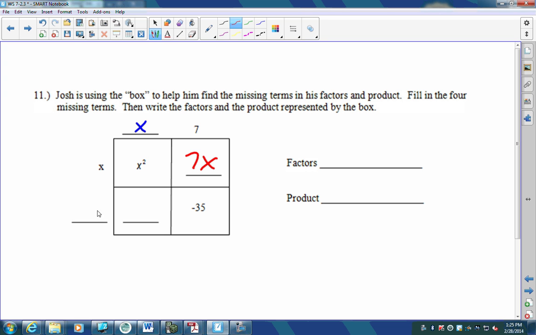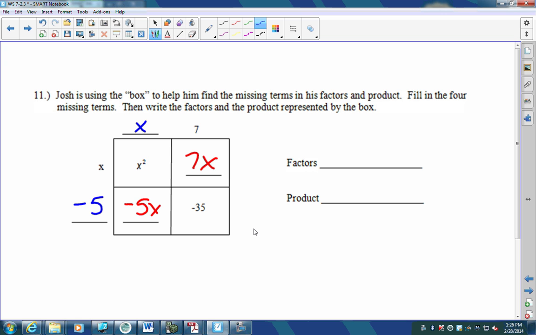I should be able to fill out this last one out here. 7 times what gives me negative 35? Yeah, 7 times negative 5 is negative 35. Now, fill in this middle part right here. X times negative 5, negative 5x.